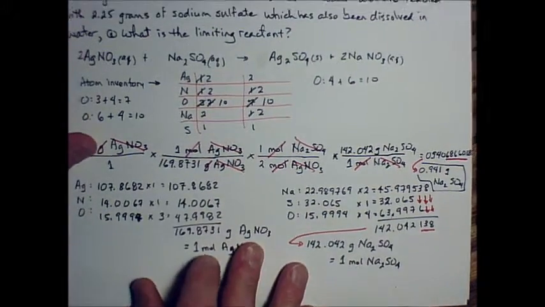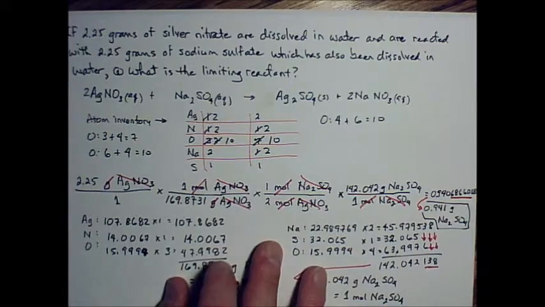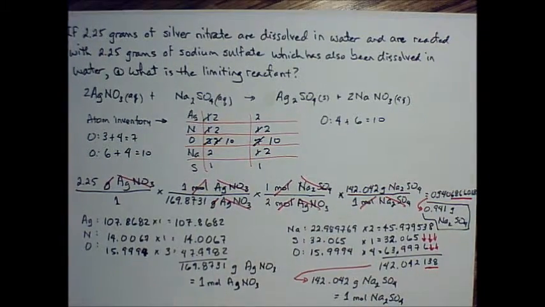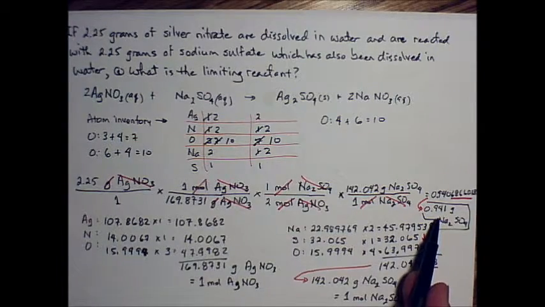All right, so listen. We haven't really determined the limiting reactant yet. Okay? What we need to do is use this number to find it. So here's the rule for you. You ready? Here's the rule.